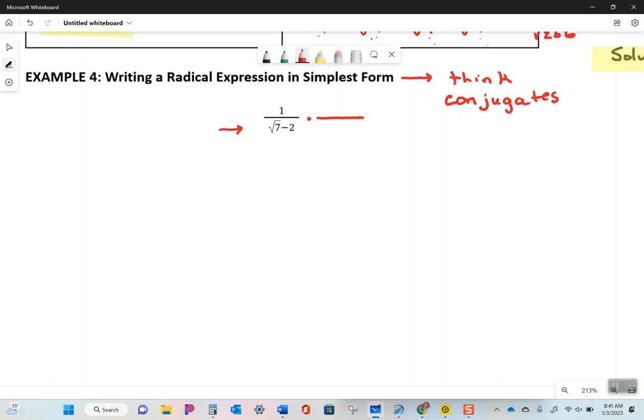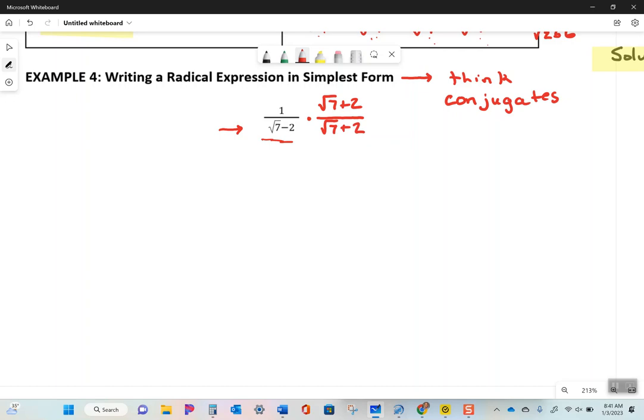So what is the conjugate of root 7 minus 2? I'm going to multiply in a form of 1, so I'm going to have root 7 plus 2 up top, and root 7 plus 2 in the bottom, okay?